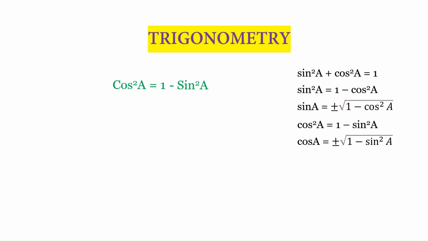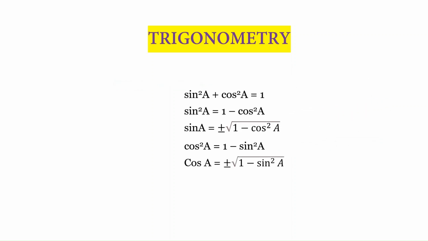And if we know cos A, we can find the value of sin A as well. These are the identities that involve sin and cos.